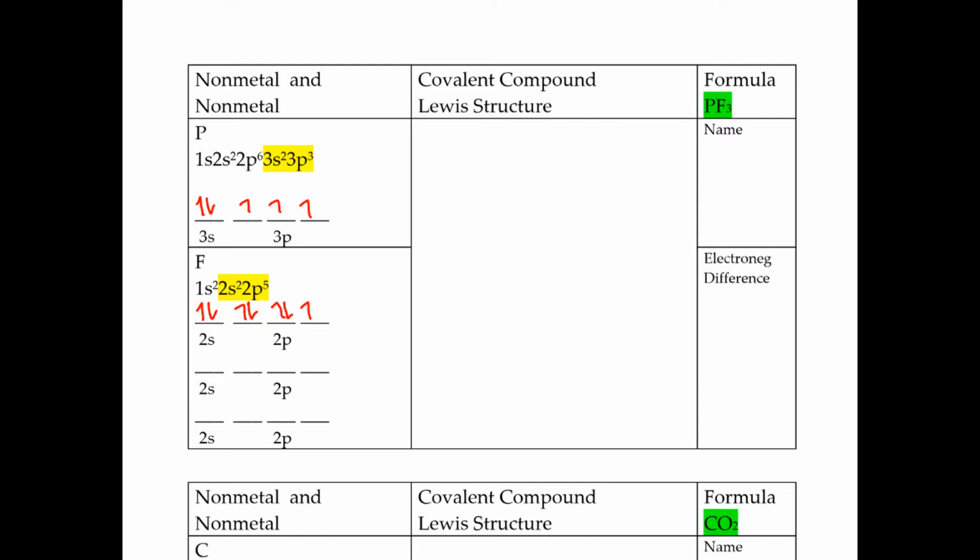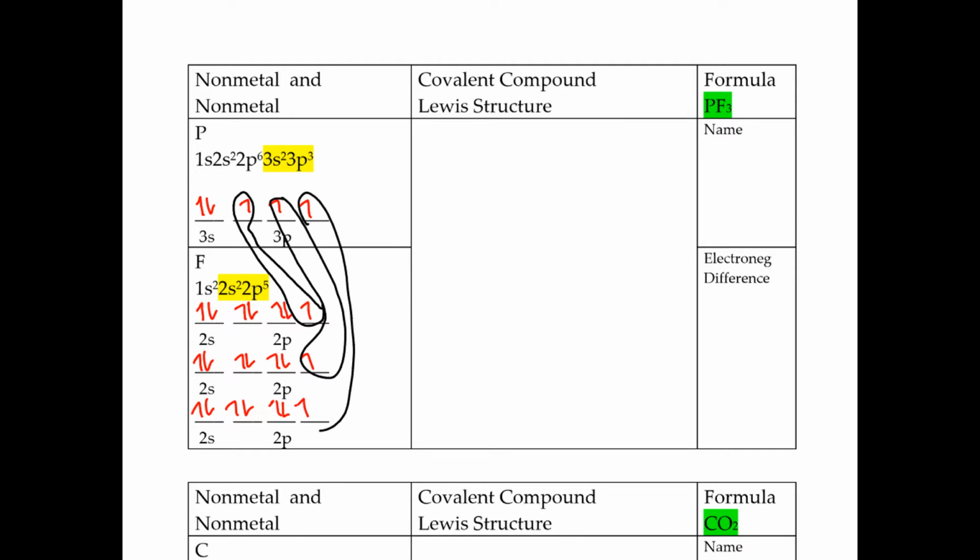So if this fluorine shares with this phosphorus electron, it's finished, but the phosphorus is not finished. So that's why we're going to need 3 of the fluorines to bond with the phosphorus. So if we fill this in, we could see that this electron could be shared with this electron, and this electron could be shared with that electron.